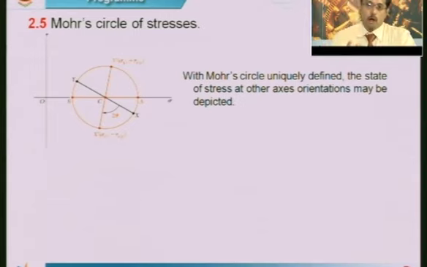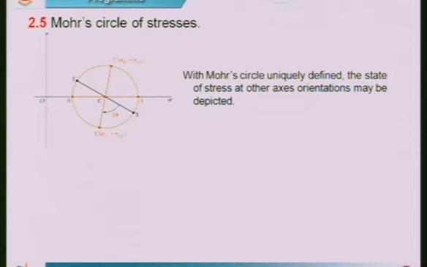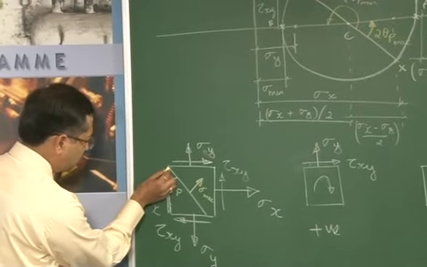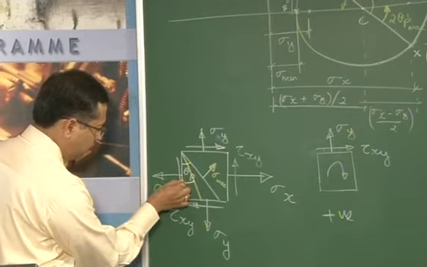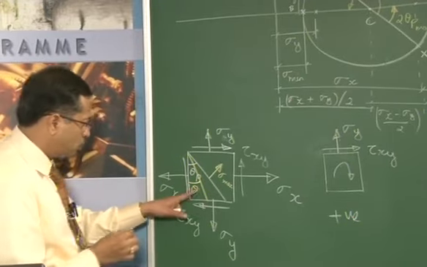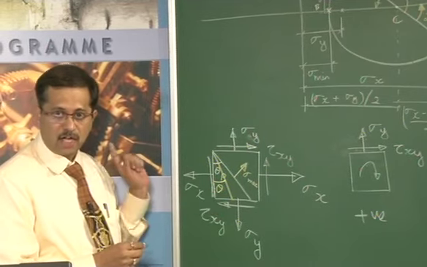Now, let us see how to get the value of the normal stress and the shearing stress on any given plane. For that, let us go to the blackboard again. Say, for example, I take this plane which is inclined at an angle of theta. I need to find out the normal stress acting on this and the shearing stress acting on this.